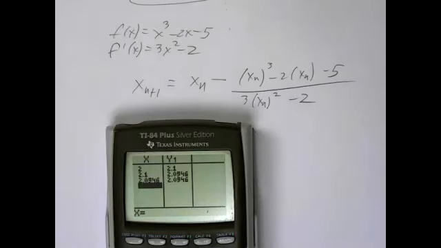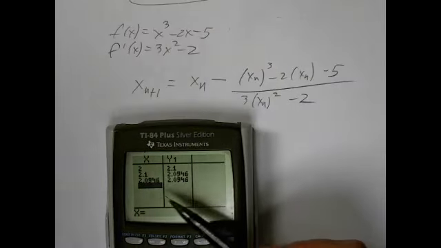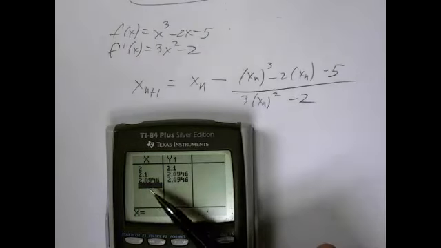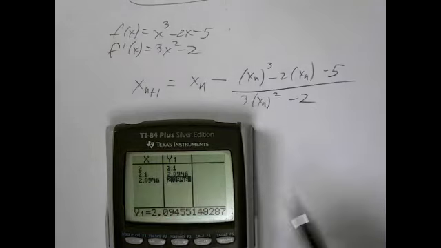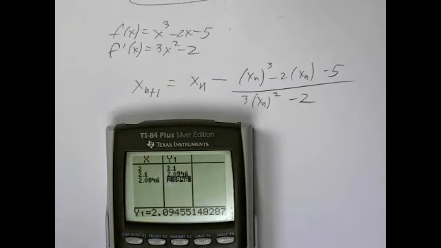As soon as these numbers match each other, then it would be redundant to go any further. So the last output is 2.094551, etc. And so that is the best approximation according to Newton's method for the solution to that equation, for the zero of that function.